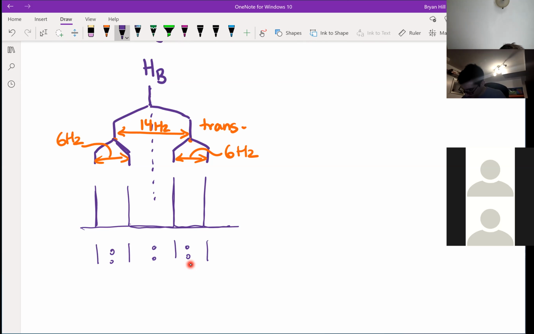And we would call this a doublet of doublets, because it's been split twice.